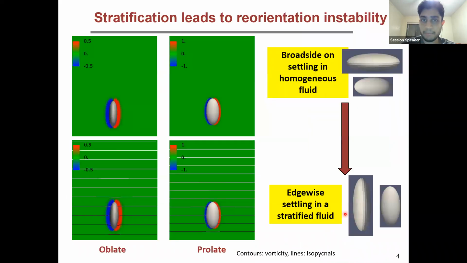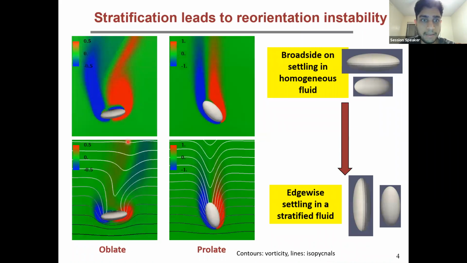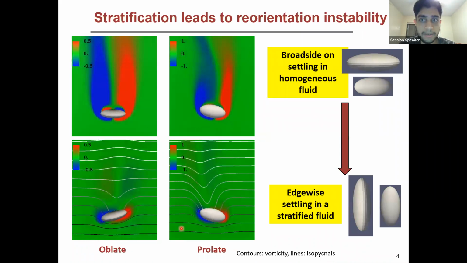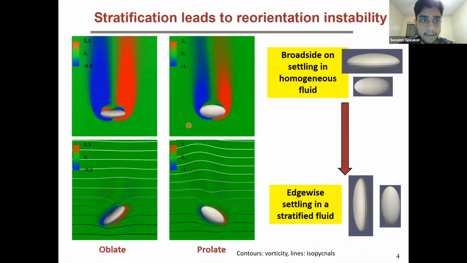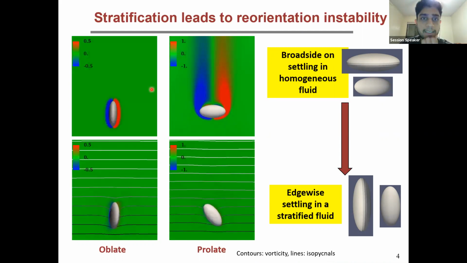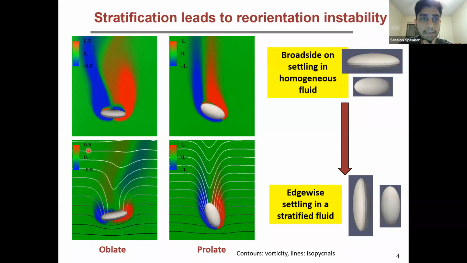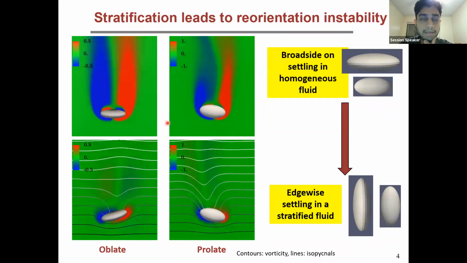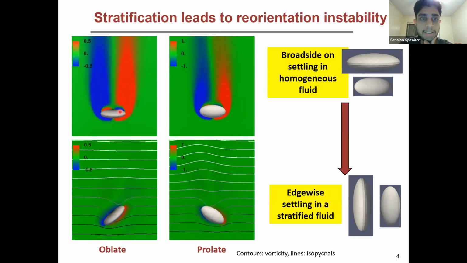So the first important result is regarding the orientation of these particles. In a homogeneous fluid, both the oblate and prolate spheroids settle in a final orientation such that their longer side is horizontal.